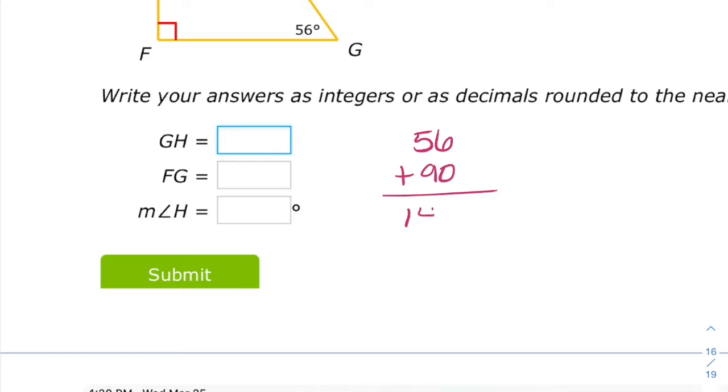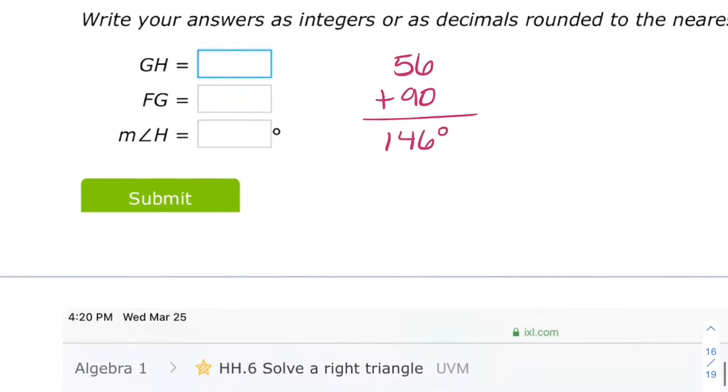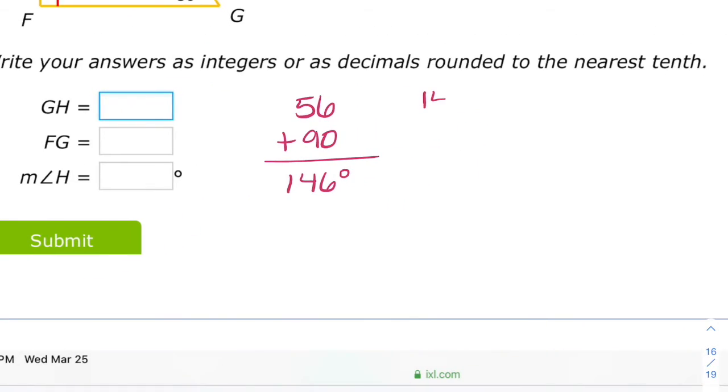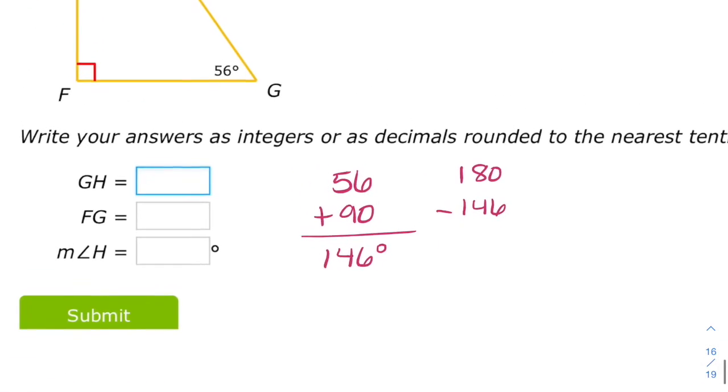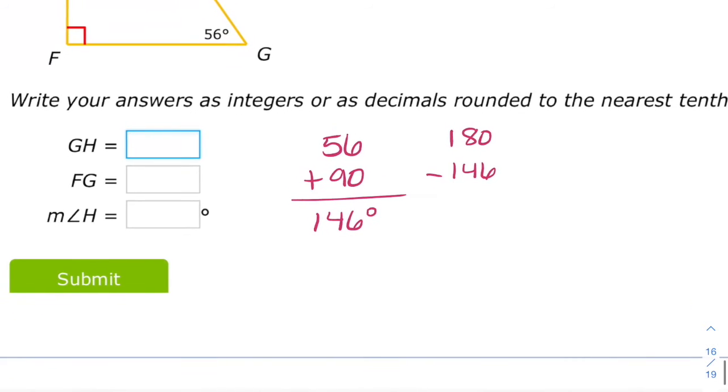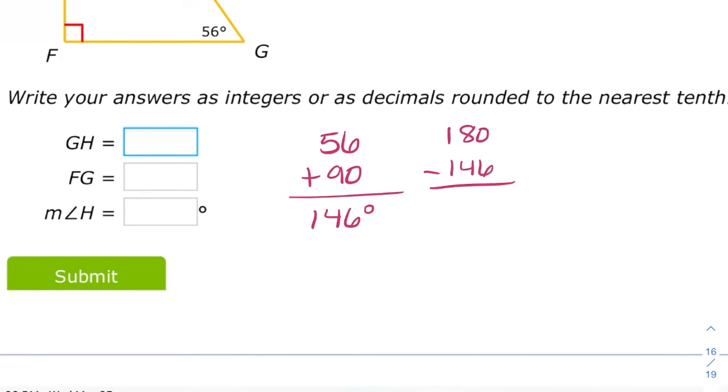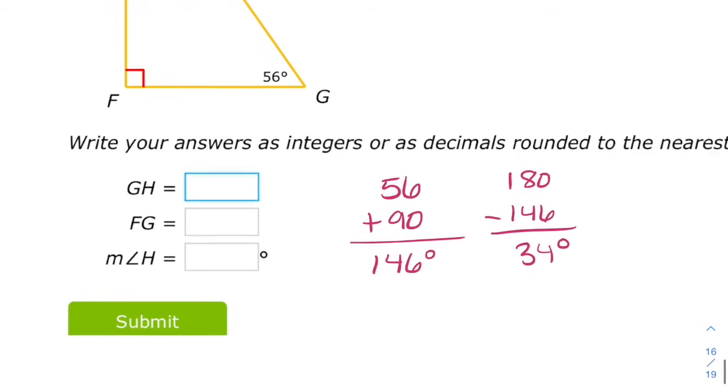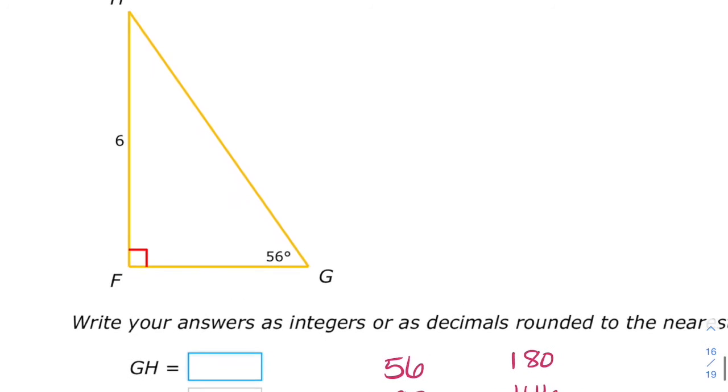That's 146 degrees, and then I'm going to do 180 take away 146, because I'm taking away the 90 and then I'm taking away the 56. Okay, so that's 34 degrees. So 34 and 56 add up to 90, as the other one adds up to 90. So this one is 34 degrees.